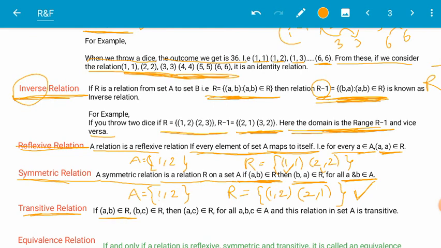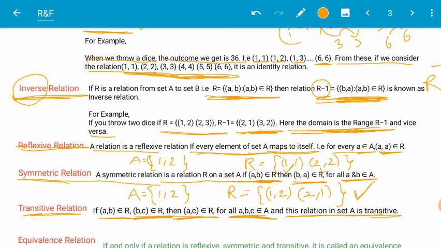Next one, very important, transitive. If (A, B) belongs to R and (B, C) belongs to R, then (A, C) definitely belongs to R, where A, B, C belong to the given set. This relation in set A is called transitive.